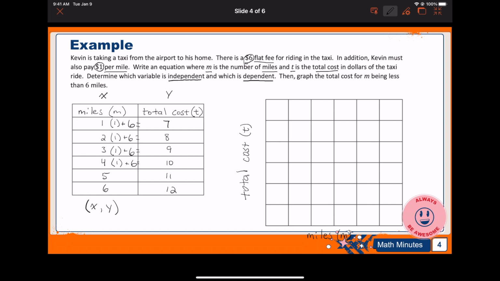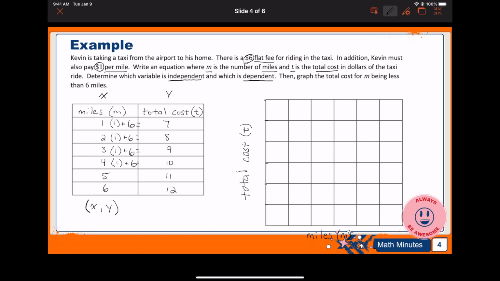So when I look at a graph like this, I see that I need to get up to 12 for my y values. If I count my spaces on my y-axis here, I have 1, 2, 3, 4, 5, 6. And I need to get to 12, right?